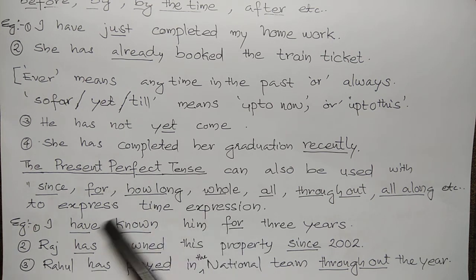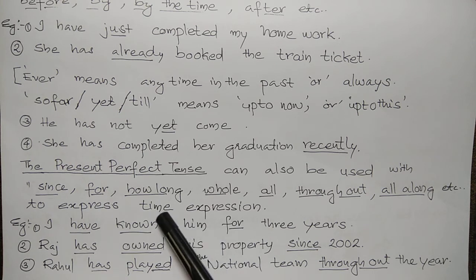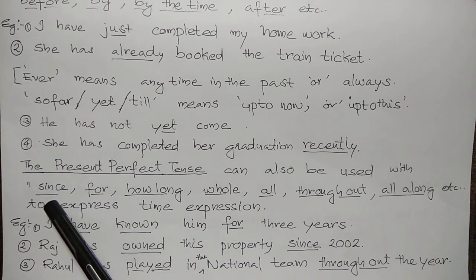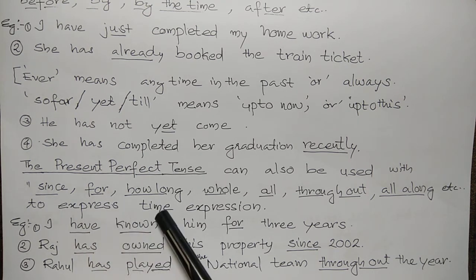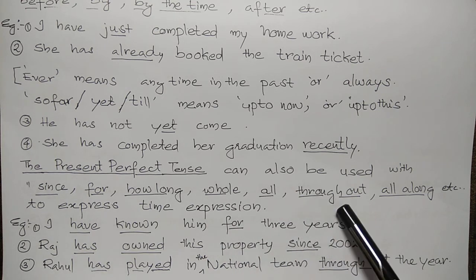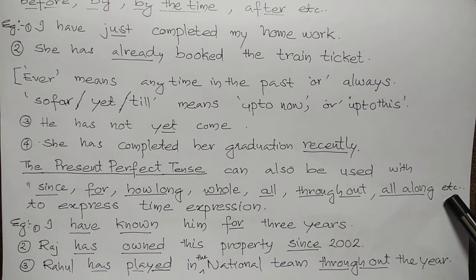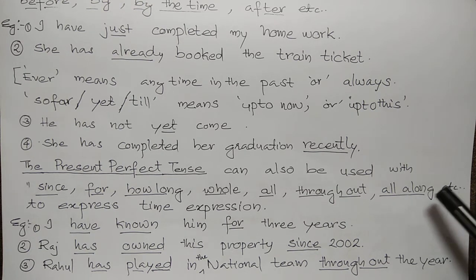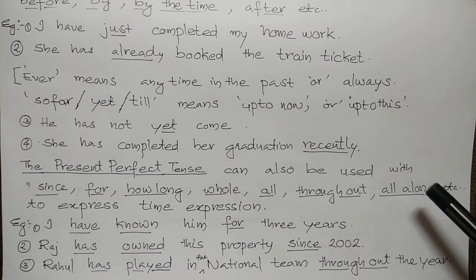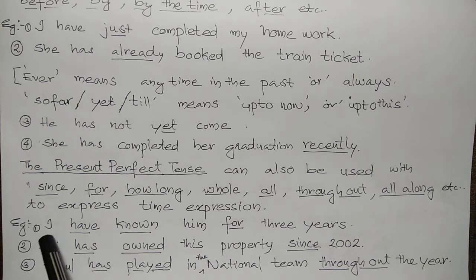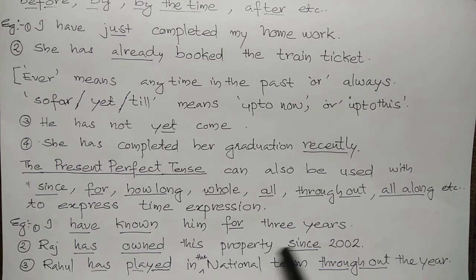So if you are using words to express a time expression, that is a time duration, that is since, for, how long, whole, all, throughout, all along, all these words, then the sentence should be in present perfect. See the example, I have known him for 3 years, a duration in the past.